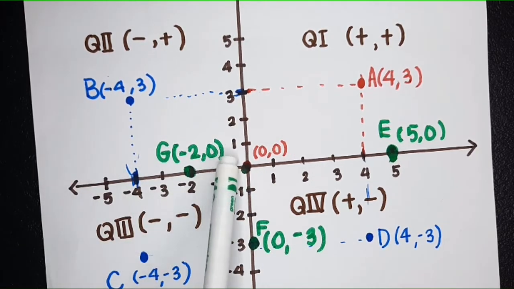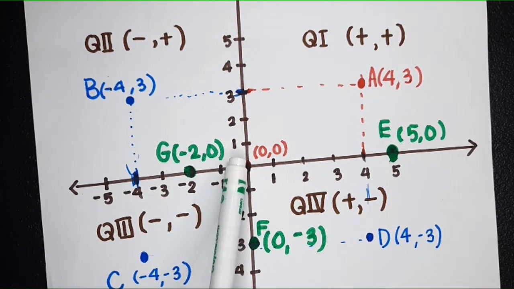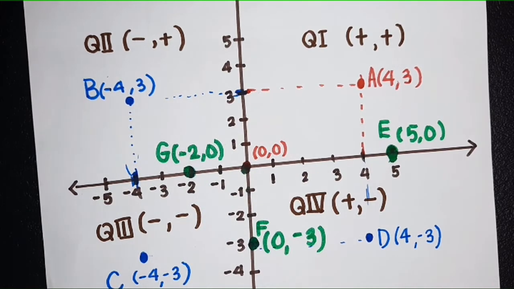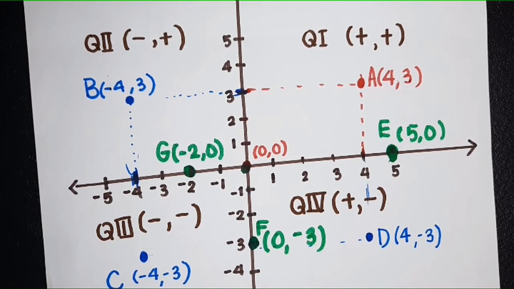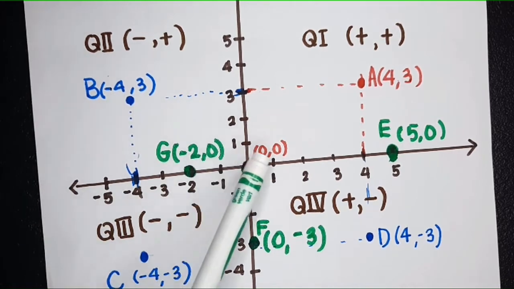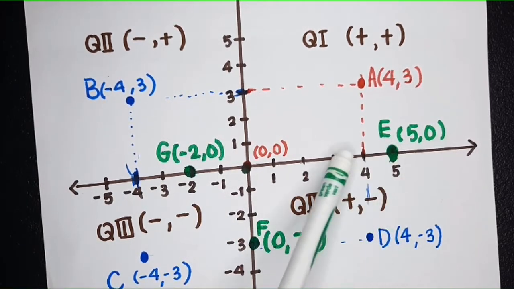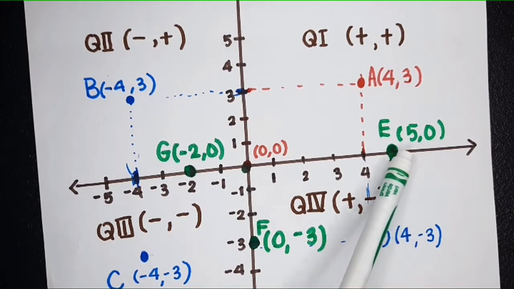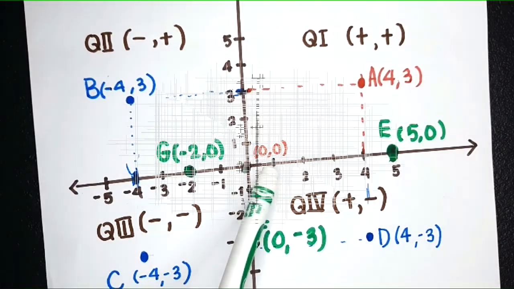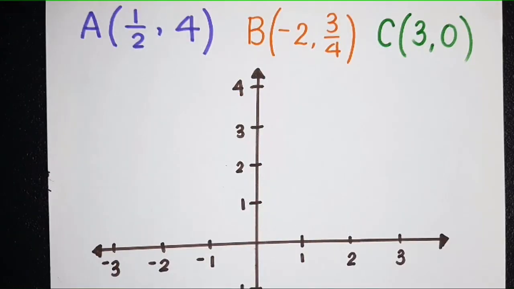Dito makikita ang point G. So, kapag tinanong ko naman sa inyo, what is the location of point E? Ano magiging sagot ninyo? Point E is located on the positive x-axis. Diba?